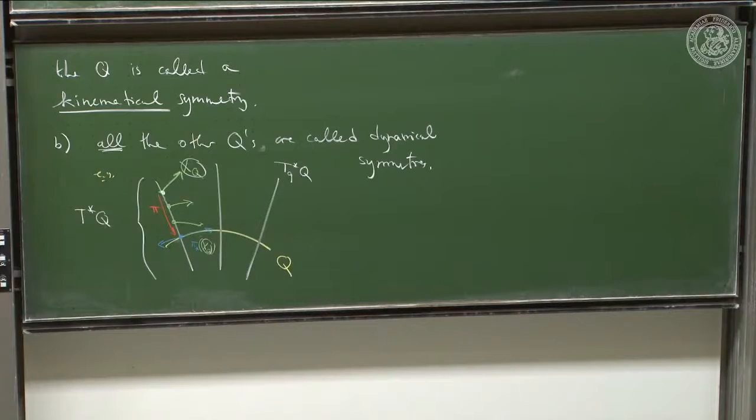It's a symmetry, it needs to push the right way, okay, fine, but that has nothing to do with this potential. And this only refers to the kinetic part here. And therefore we call it a kinematical symmetry because it only refers to the kinetic part.